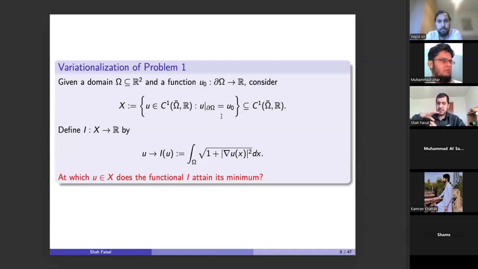Basically these are all surfaces that can be represented by graphs of functions and which have as boundary this fixed curve u naught. Then you define a functional by taking a function and assigning the area of its graph. And the question is, at which value of u is the functional at its minimum? So you need to now solve this problem to find out.